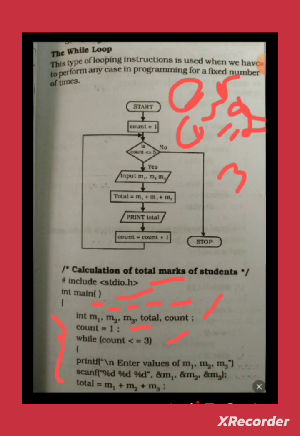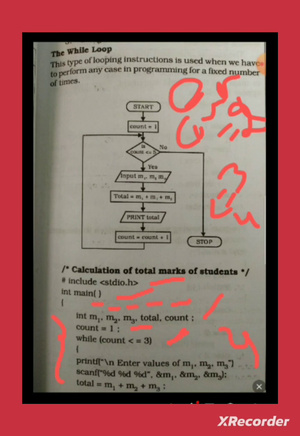I want the same program to be repeated thrice. That's why I am giving count less than or equal to 3. Only if the count is less than or equal to 3 do I need this program to be executed. If the count is 4, it should not execute this program. Why? Because I have only 3 students.